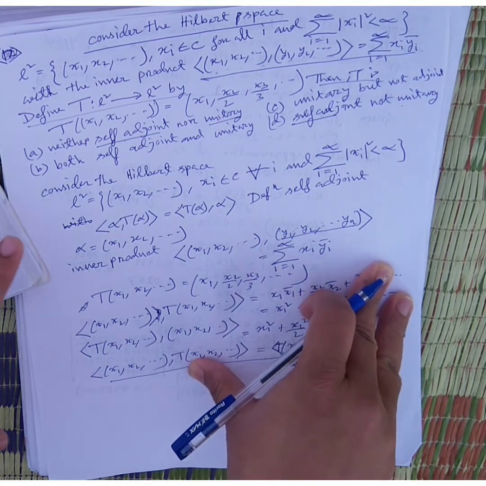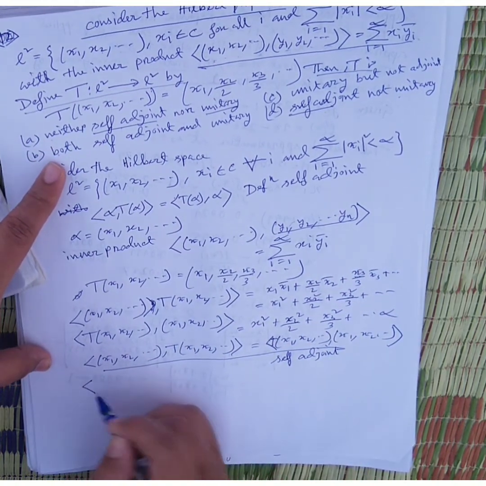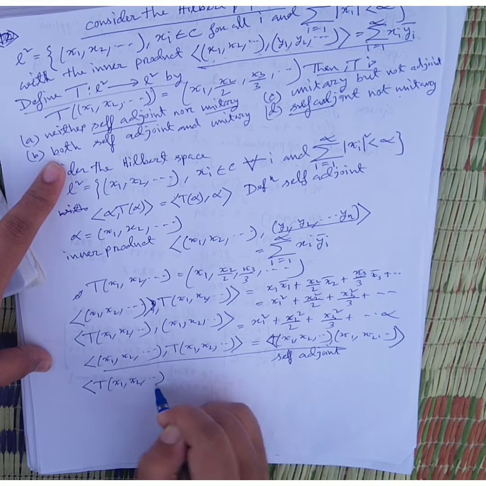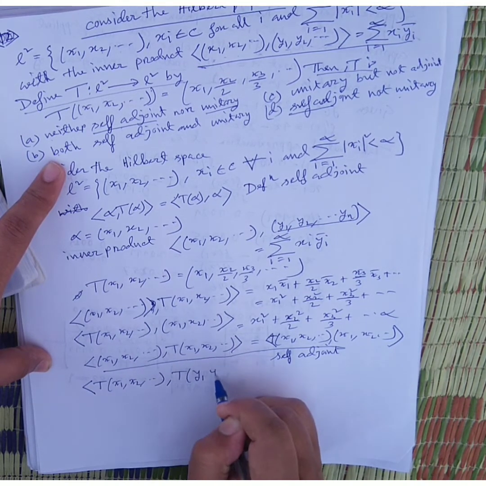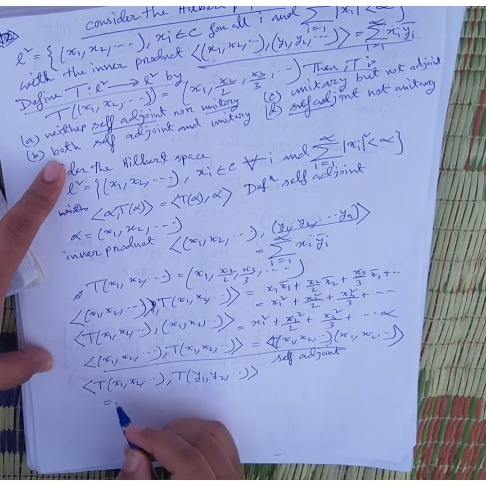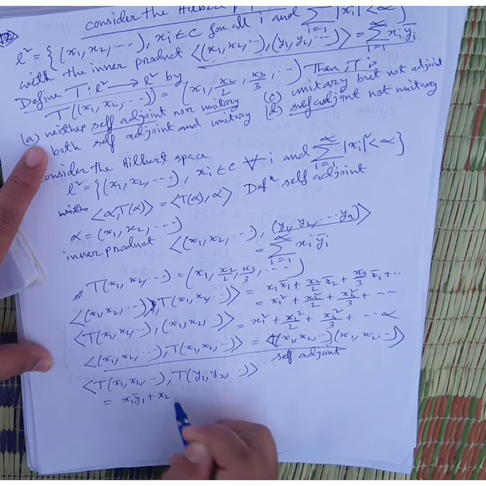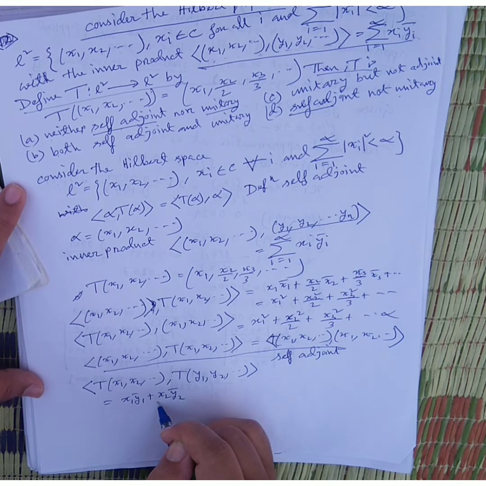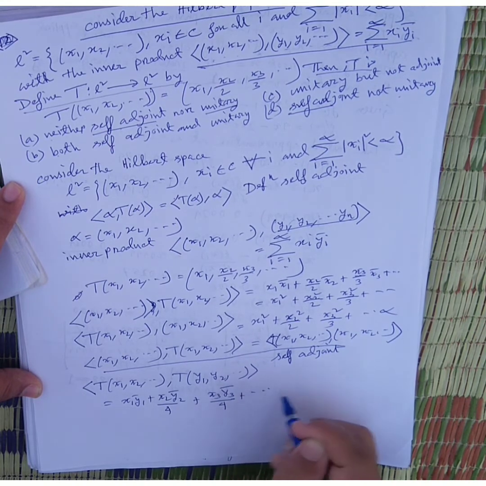Unitary means I have to check the inner product of T(x1, x2, ...) and T(y1, y2, ...), and after that whatever I get: x1 y1 bar plus x2 y2 bar by 4 plus x3 y3 bar by 9 up to infinity.